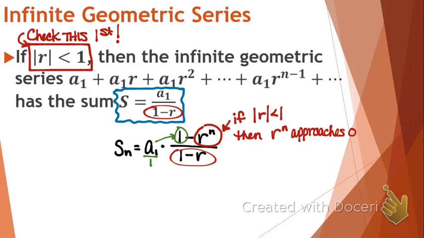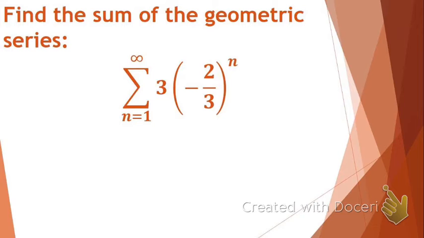Let's do a couple practice problems with this. I want to find the sum of the geometric series described here. First, we check to make sure that the absolute value of r is less than 1. They gave me sigma notation. This is my summation notation.